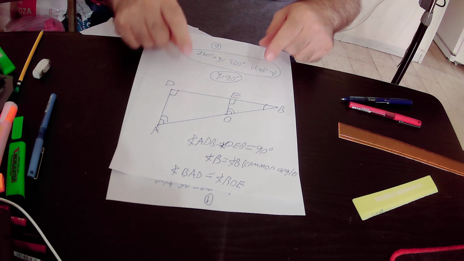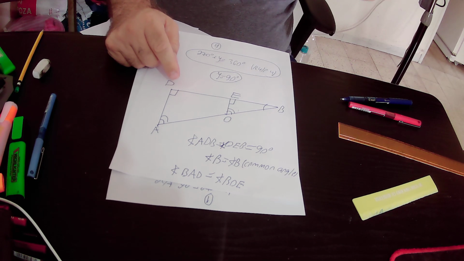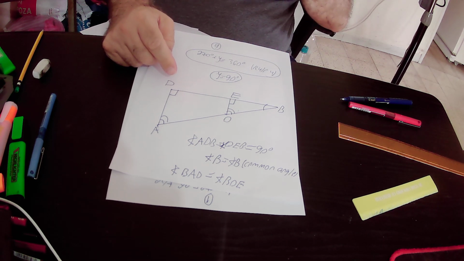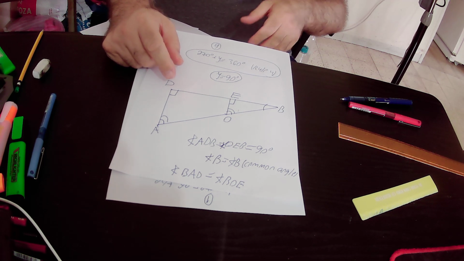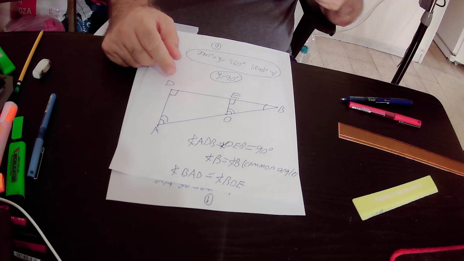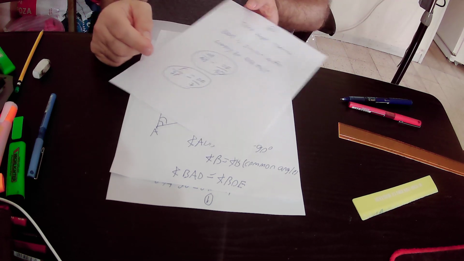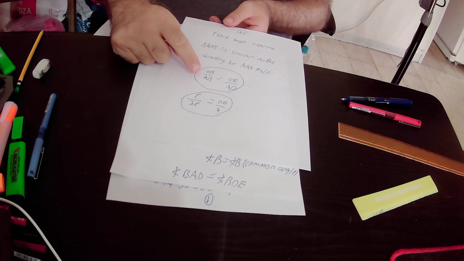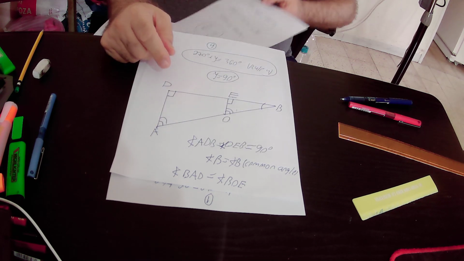Therefore, those two triangles are similar to each other, and from this similarity we have the following relationship between the sides of those two similar triangles: OB over AB equals OE over AD.